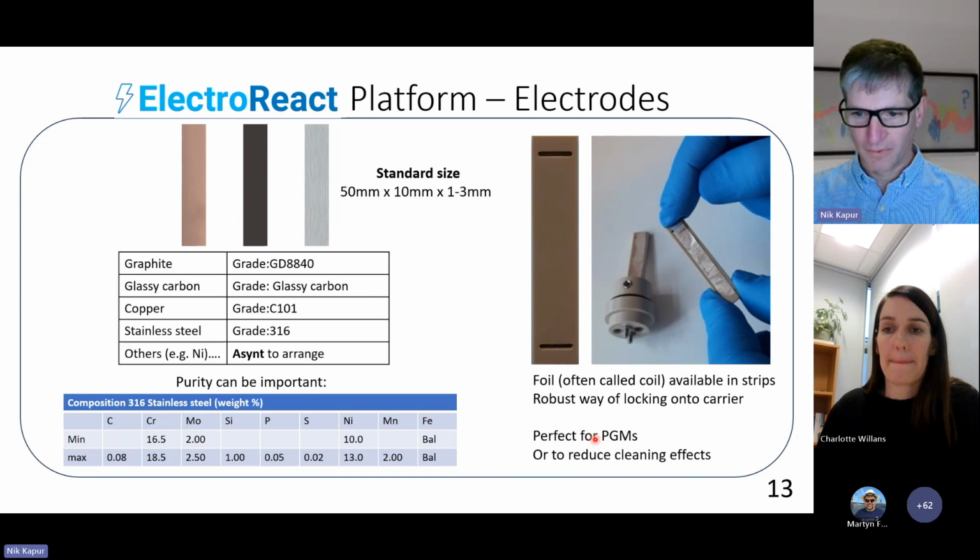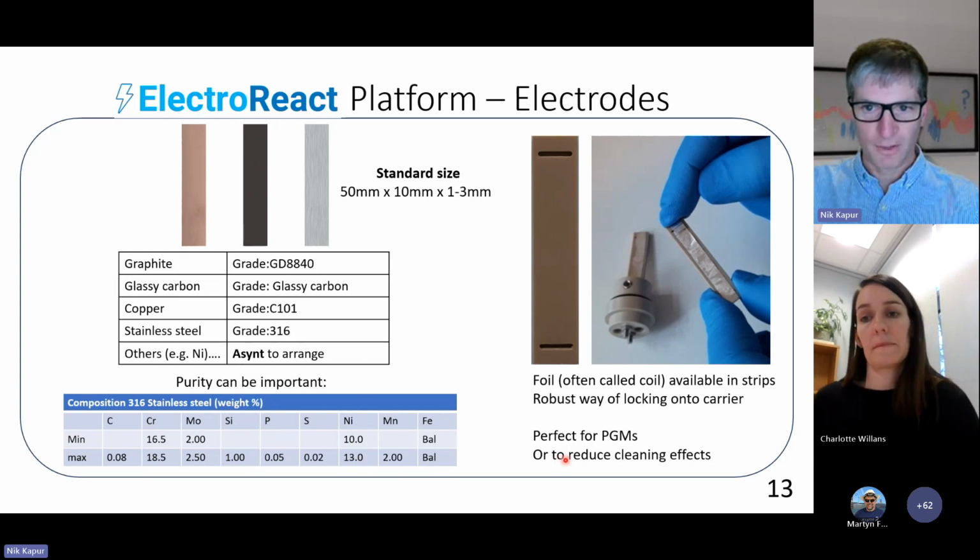As I said, that's perfect for your platinum group metals, but it might also be that you have a reaction where there's a buildup of material on the metal surface, and rather than cleaning that off, and the cleaning may be influencing the actual surface of the material that then influences other reactions, you could just use a cheap foil. Things like copper foils, for instance, are readily available and have a high purity. So that could be something of real interest to you.